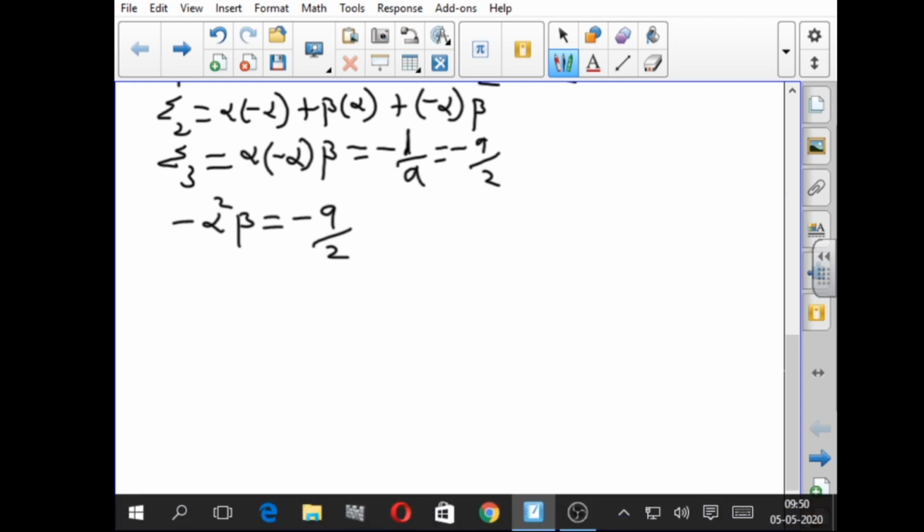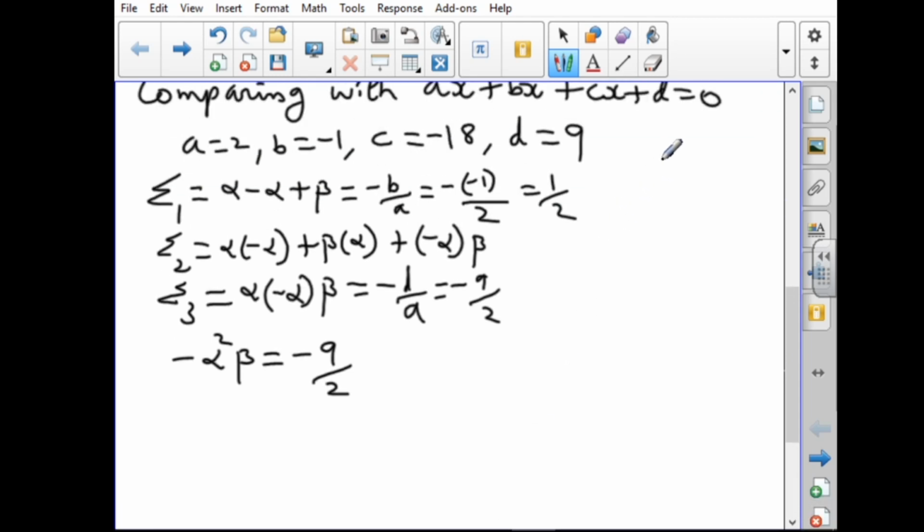And we have already seen that alpha minus alpha plus beta is equal to 1 by 2. So alpha and minus alpha get cancelled, and beta is equal to 1 by 2. Cancelling the minus on both sides, we can also write alpha square beta is equal to 9 by 2.